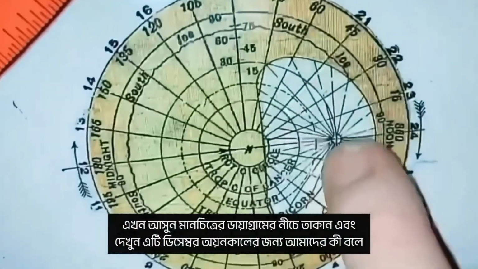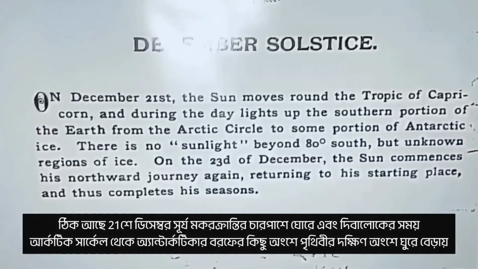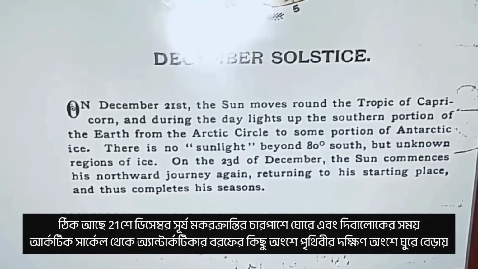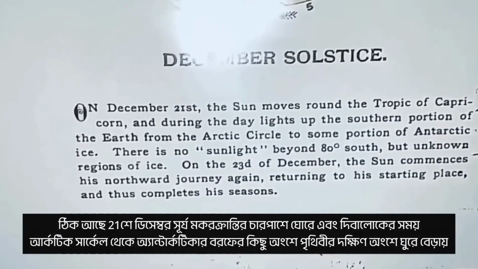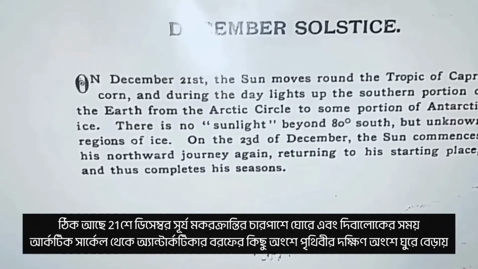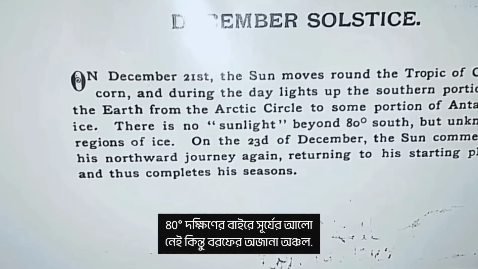Now, let's look down underneath the diagram of the map and see what it tells us for December solstice. Okay, on December the 21st, the sun moves around the Tropic of Capricorn, and during the daylight up the southern portion of the Earth from the Arctic Circle to some portion of Antarctica ice. There is no sunlight beyond 80 degrees south, but unknown regions of ice.